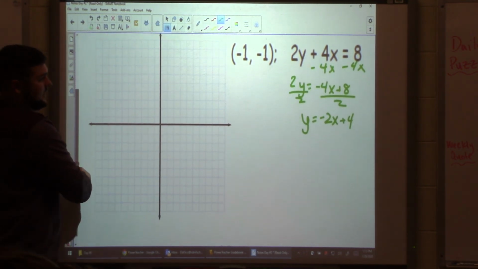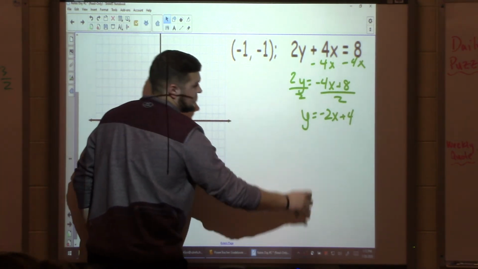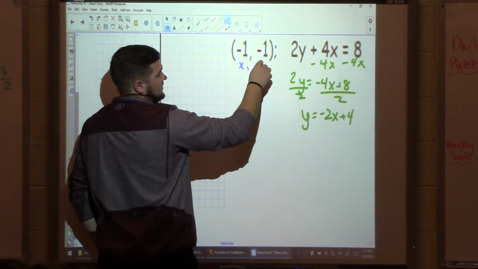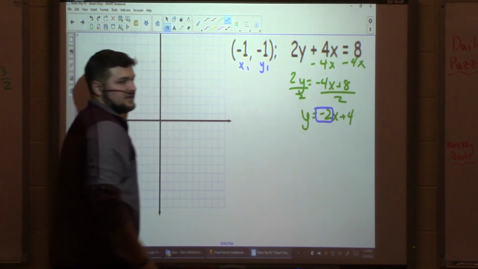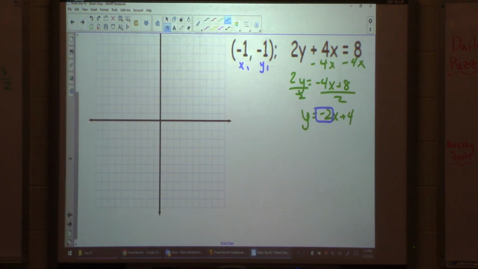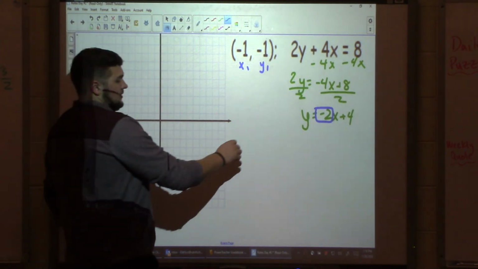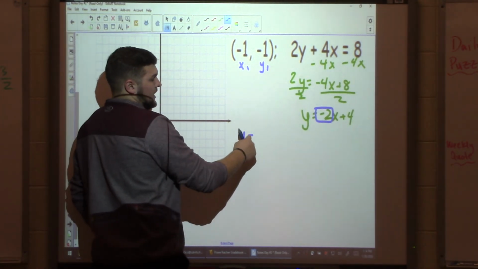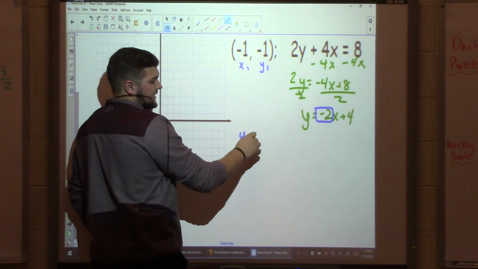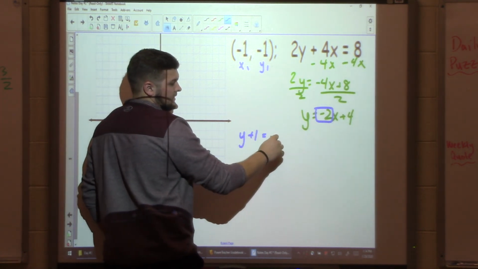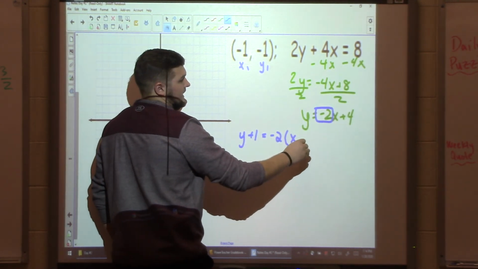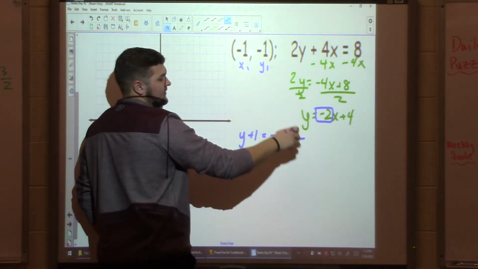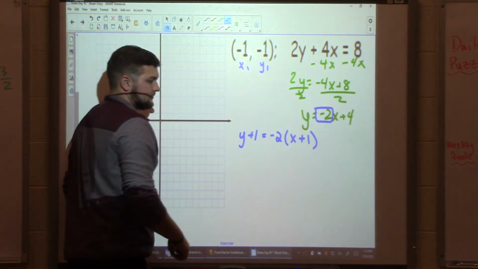Once I have that, now I can find my second equation using my point and using my slope, right? If it's parallel, it's got to be the same slope. So, y minus y1, or y minus negative 1 is going to be y plus 1, equals negative 2 times x minus negative 1, or x plus 1.